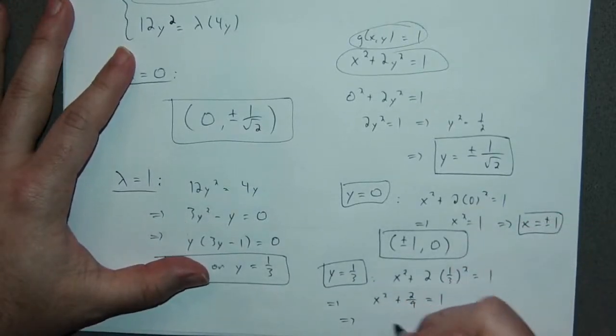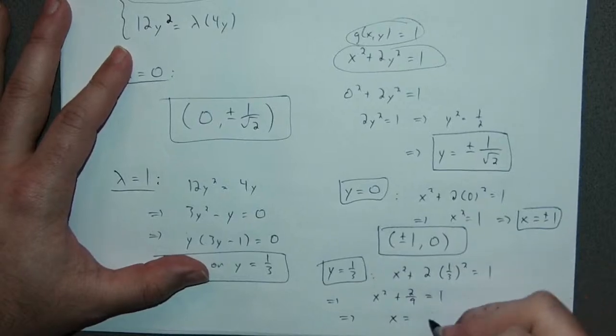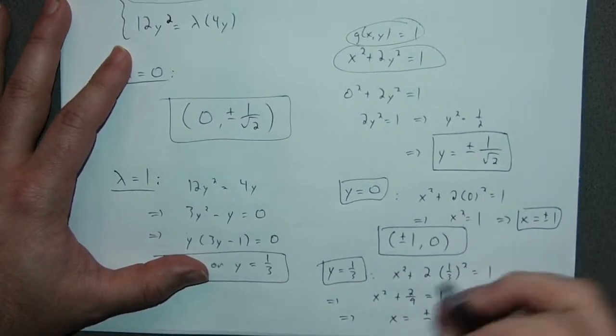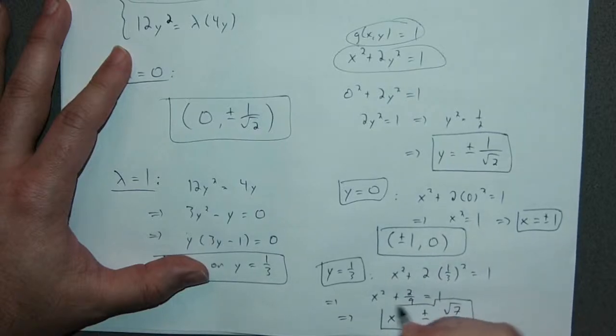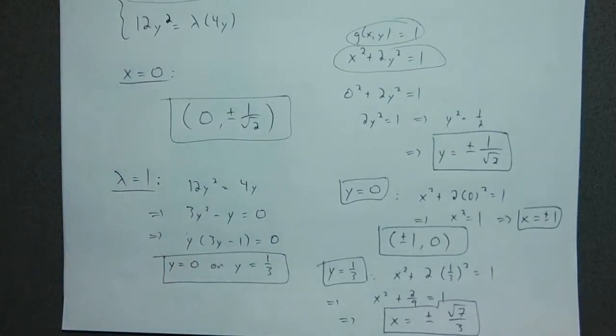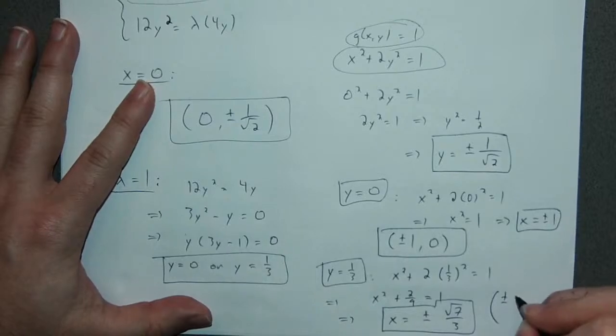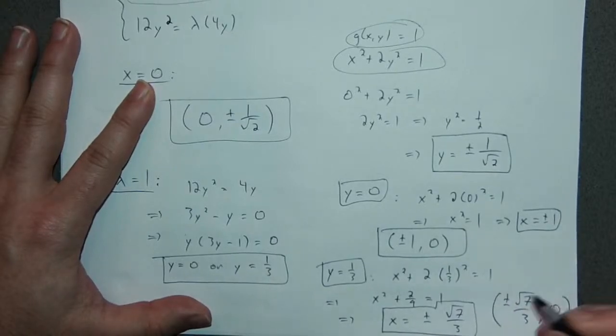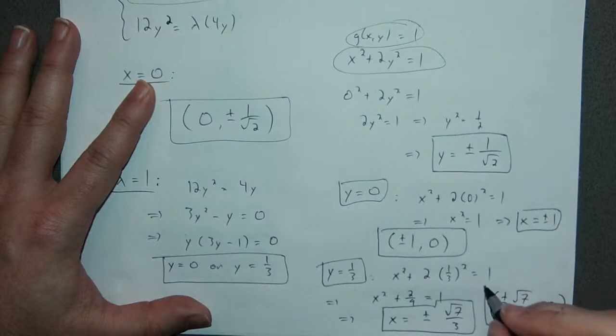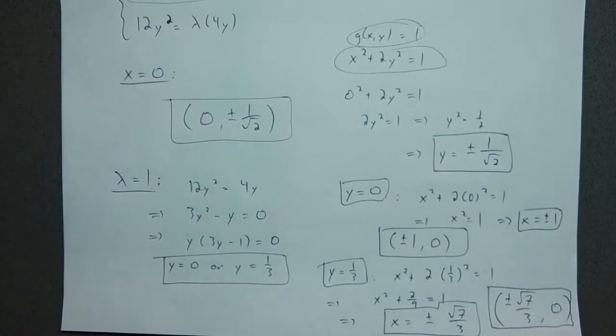And so this tells me that x is equal to plus minus the square root of 7 over 3. And so I get 2 points out of that, plus minus square root of 7 over 3, and 0. And now I have exhaustively finished.